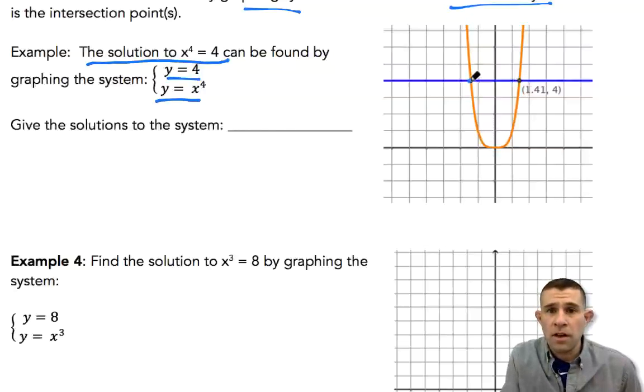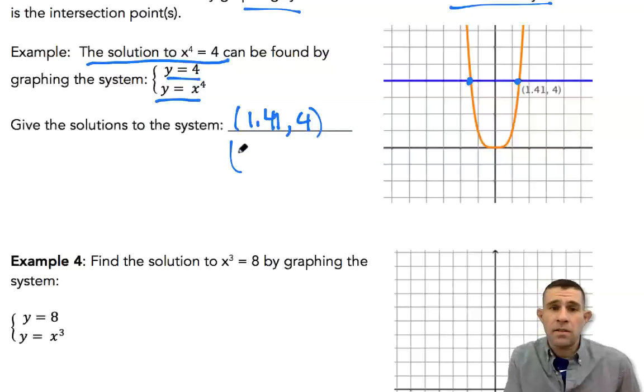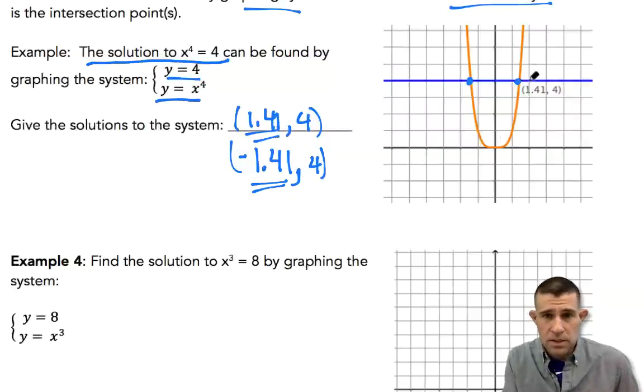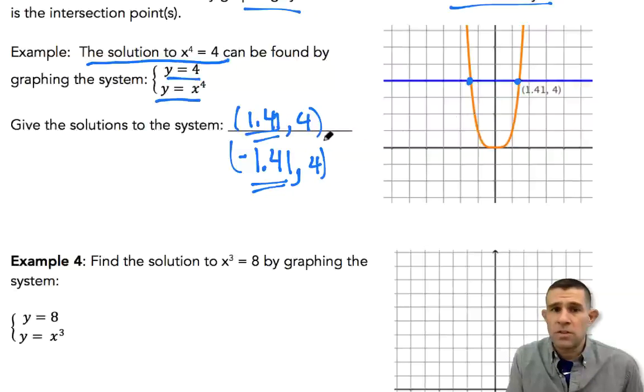Their intersection points, as you can see here, are at 1.41, 4, and the other one is going to be the reflection over the y-axis, which will change the sign on our x-coordinate: negative 1.41, 4. So our two solutions to this system are 1.41 and negative 1.41.